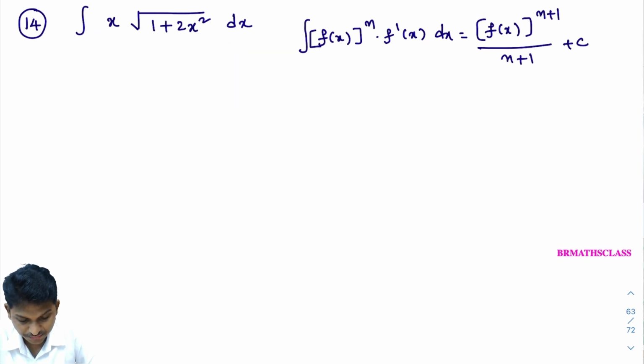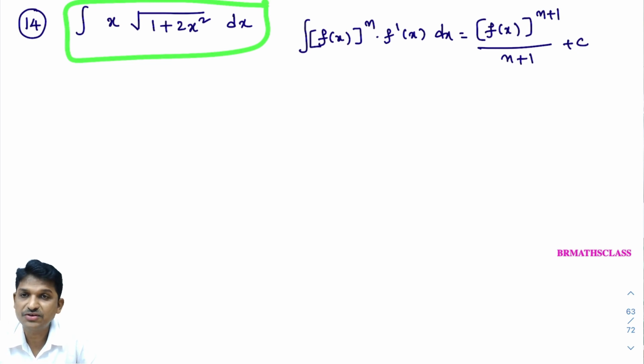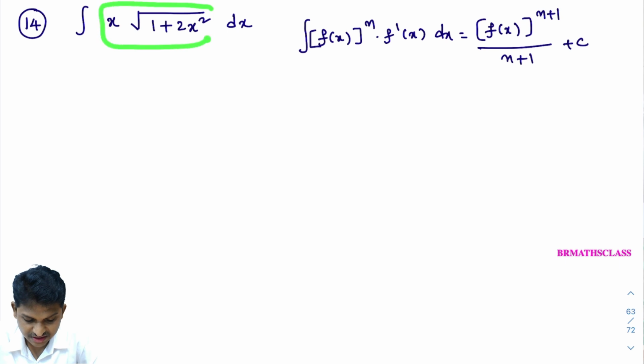Is this question in the form of the integral of f of x whole power n into f dash of x dx? Actually, it is not in that form. I'll do a little bit of arrangement to this given function to write it into this form.